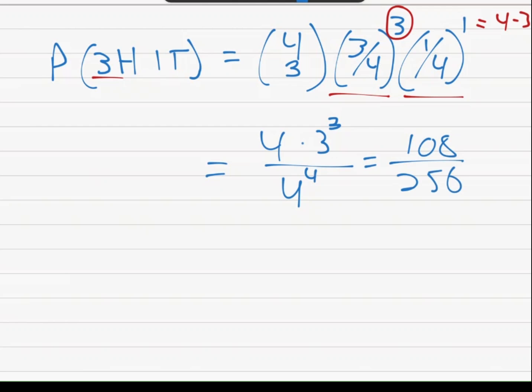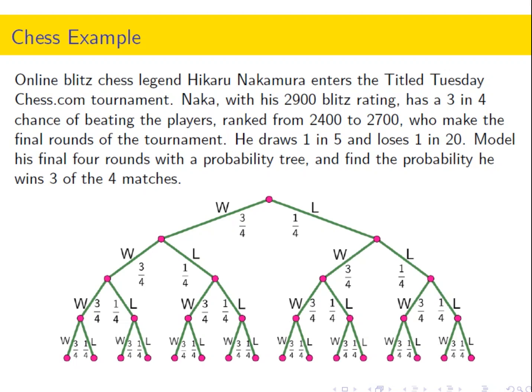And you can reduce that fraction, but you can see that all 3 wins happens about 10/25. That's about 2/5 of the time. About 40% of the time, he's going to be able to win 3 of his 4 matches. Okay, so that's how we use a probability tree, and that's how the binomial theorem ties in.